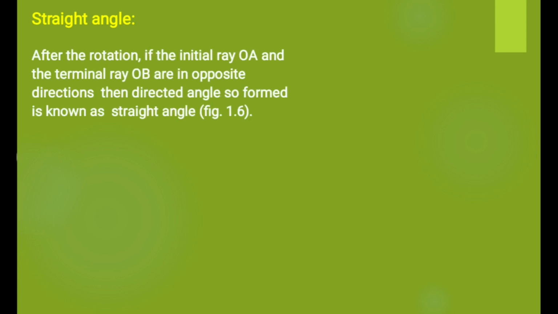Now, straight line. You will get the idea from the words straight line. If the initial arm and the terminal arm are in opposite directions, so we write here, after the rotation, if the initial ray OA and the terminal ray OB are in opposite directions, then the directed angle so formed is known as a straight line. So see figure 1.6 here.